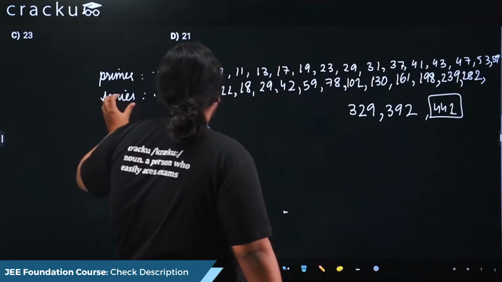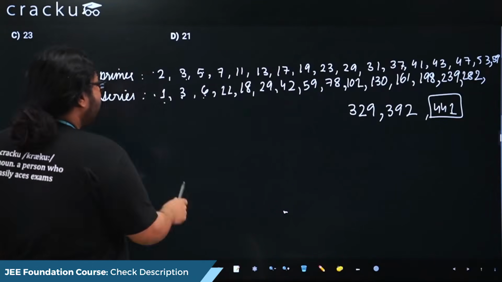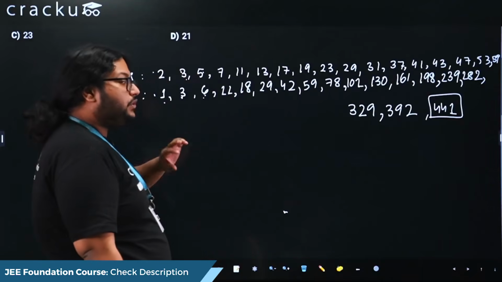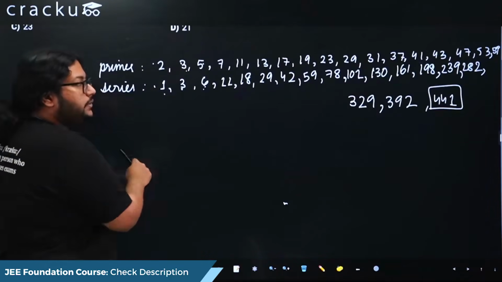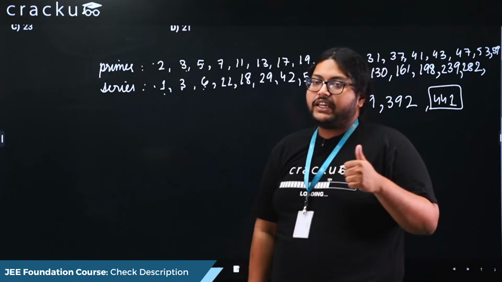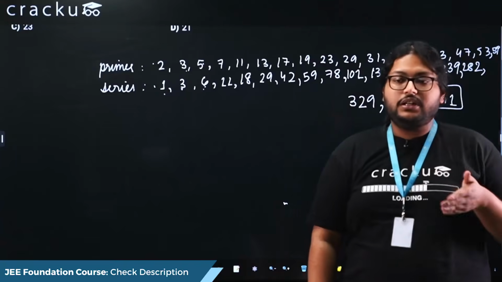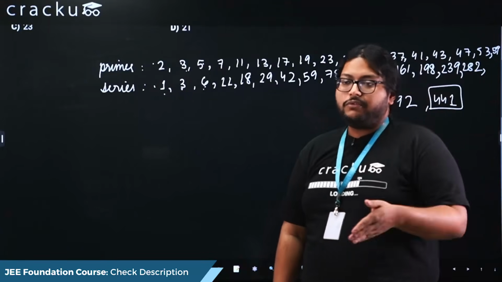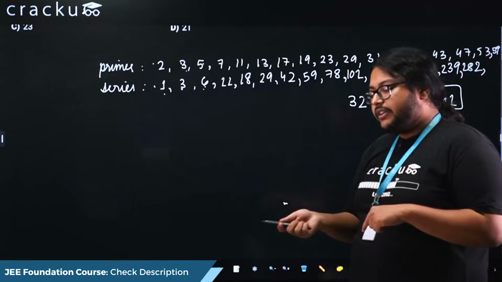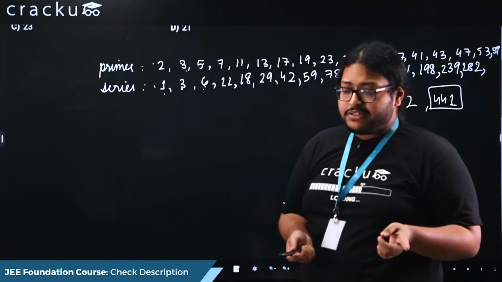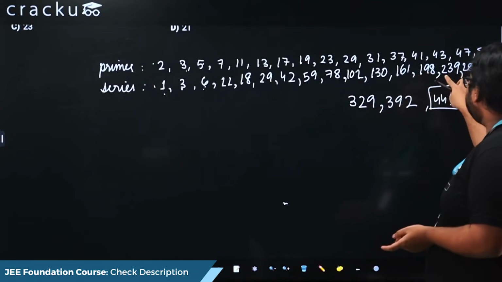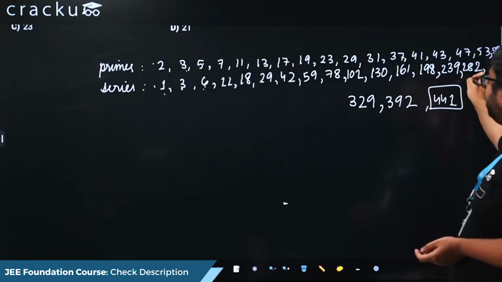Once we evaluate the series, 1, 3, 6, 11, 18, 29, 42, none of these are squares. If you look into the squares of terms, the squares go 1, 4, 9, 16, 25, 36, 49, 64, 81, 100, 121, 144, 169 is 13 square, 196 is 14 square, 225 is 15 square, and it's still not here.